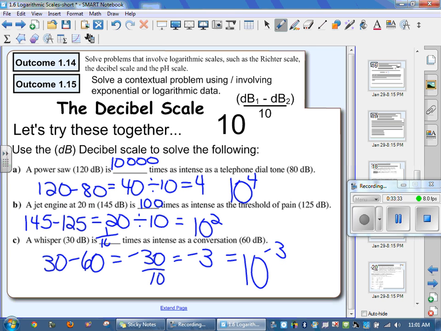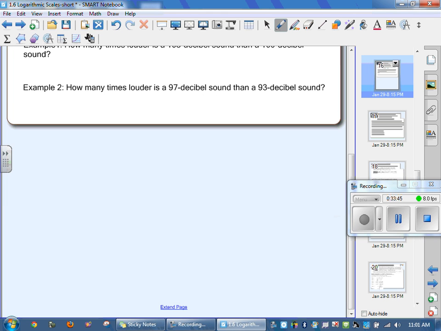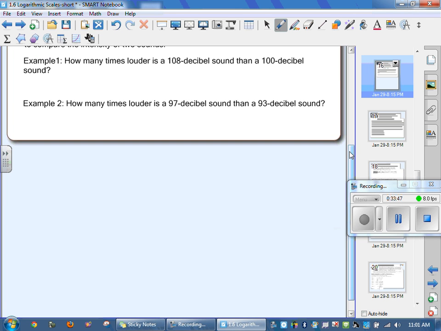On the bottom of this page, how many times louder is a 108 decibel sound than 100? 108 minus 100 is equal to 8. Divided by 10 is 0.8. So you're going to get 10 to the 0.8, which gives us 6.3 times louder.